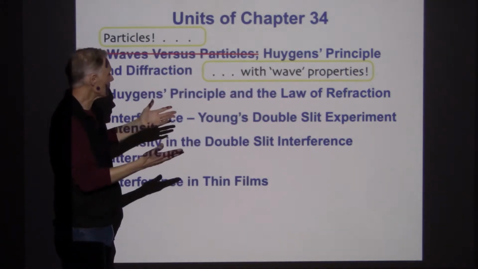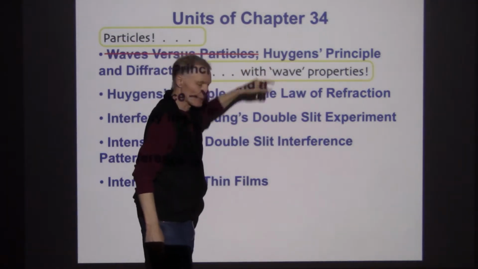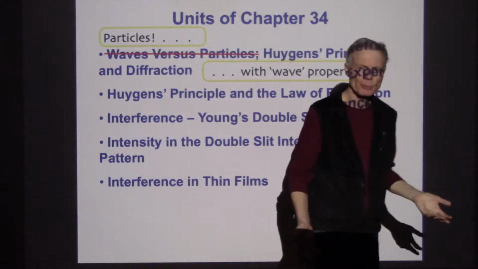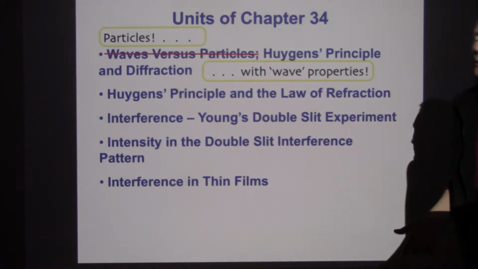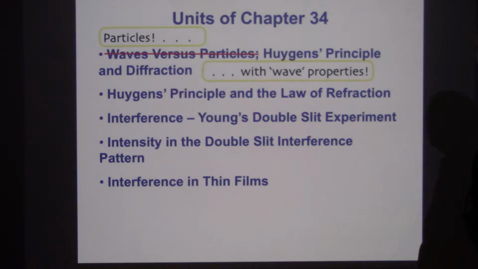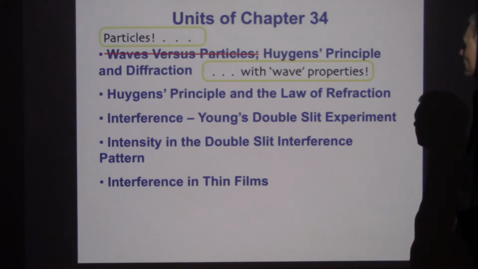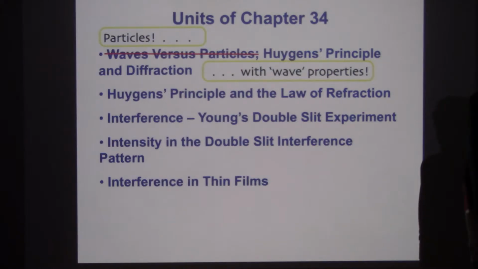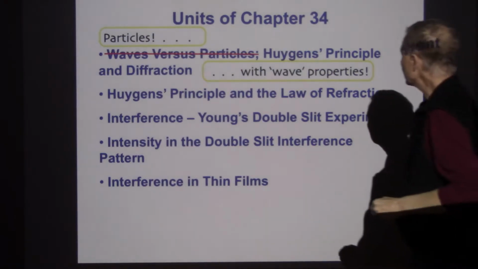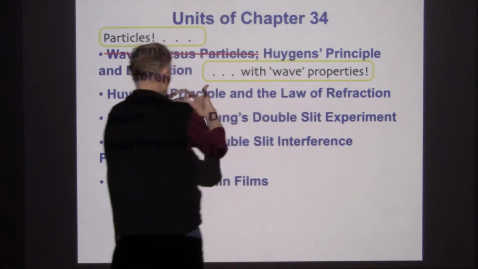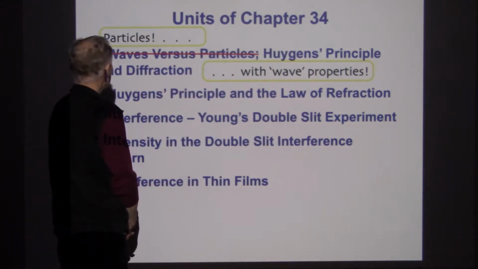Now, classically, Christian Huygens from 300 years ago, back in the time of Newton, was studying light and how it propagated and established many of the wave properties of light. Now, at the time, it wasn't understood that light consisted of these fundamental particles, but we'll find out how these two ideas fit together.